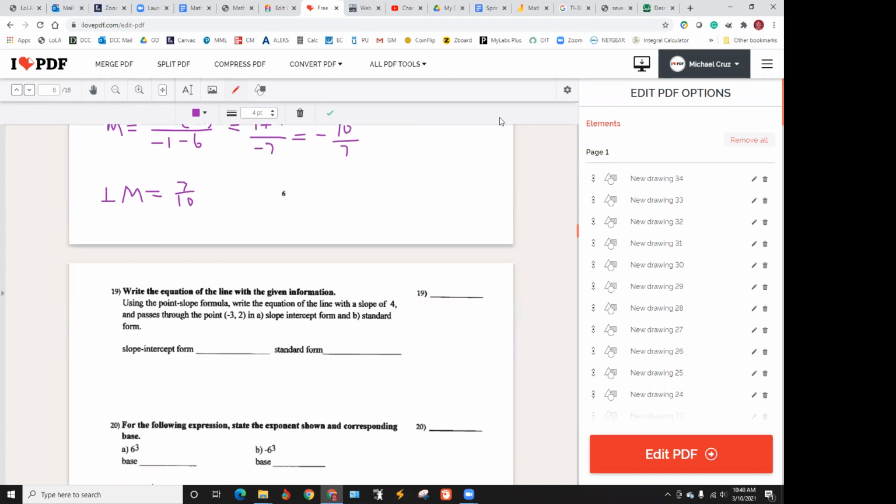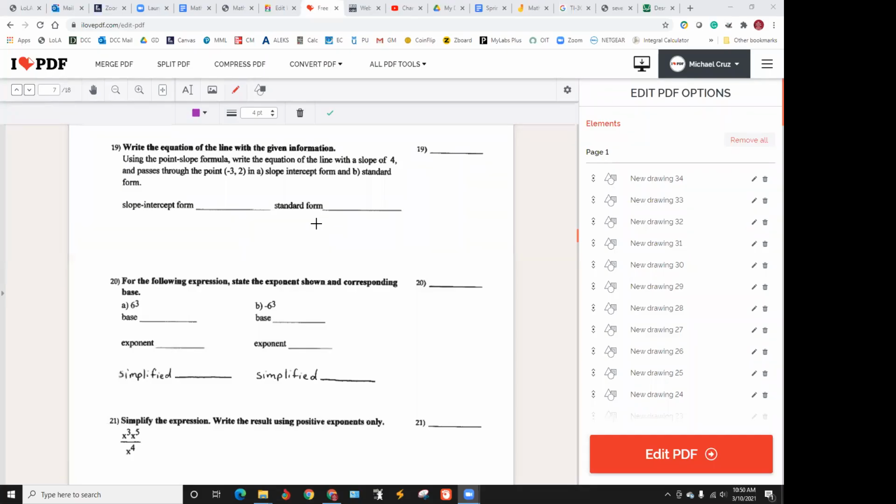All right, so let's just take a little break. All right, so we got to remember what that point slope form is. That's the one that looks like this. In actuality, this is really just a different form.